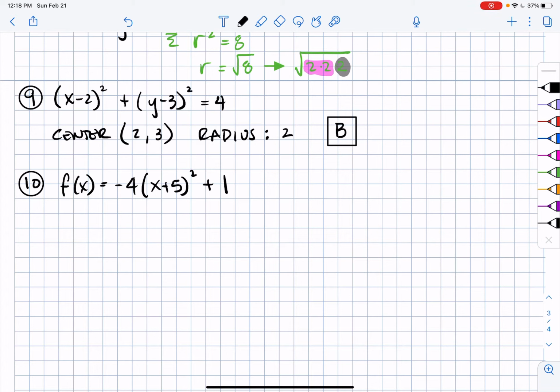Do we have to do more transformations? But if you read it, it says use the vertex and intercepts to sketch the graph of the quadratic function. Okay, so I don't need this sheet anymore. So what it's trying to do is this. So number 1, we're talking about quadratic functions.